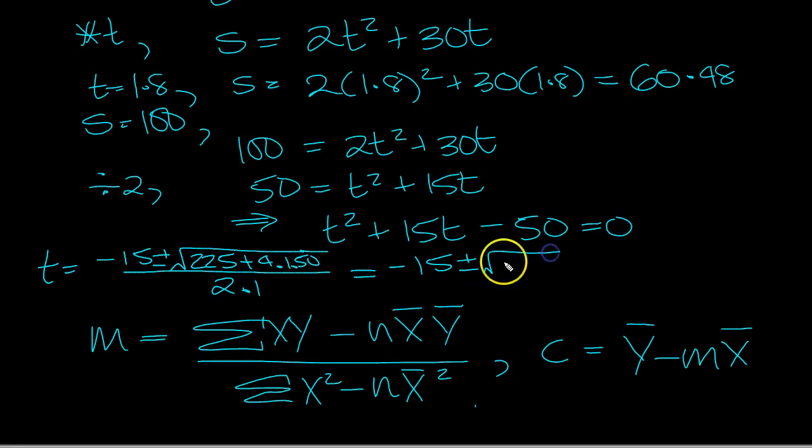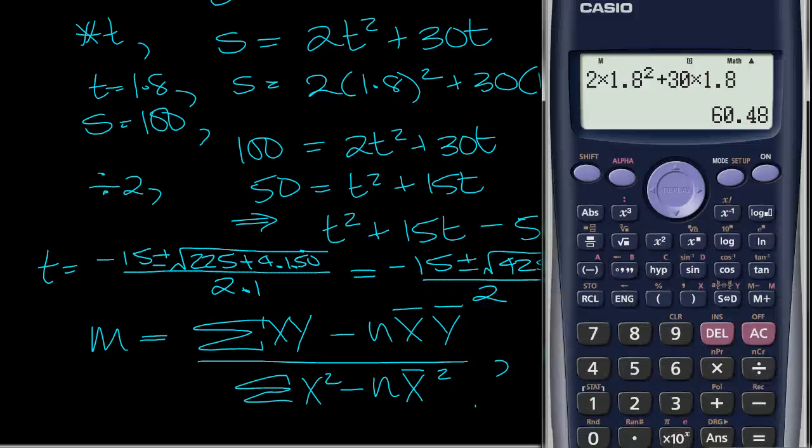that's the square root of 425 over 2. And we just take the positive square root here, don't we? So it's minus 15 plus the square root of 425 on top.